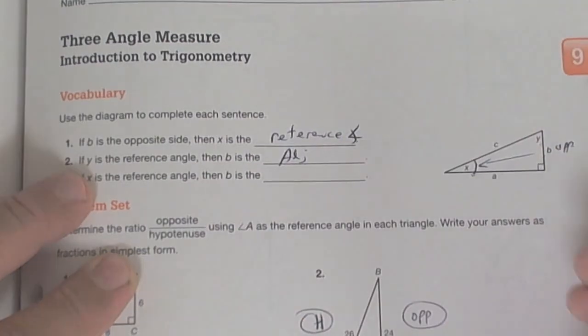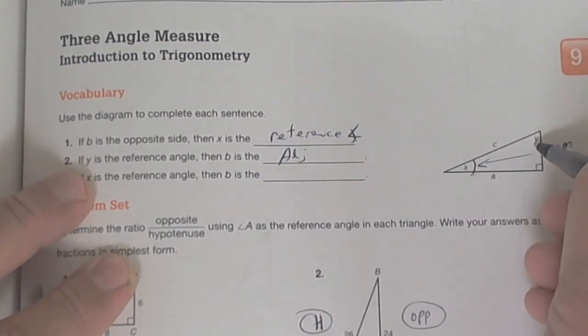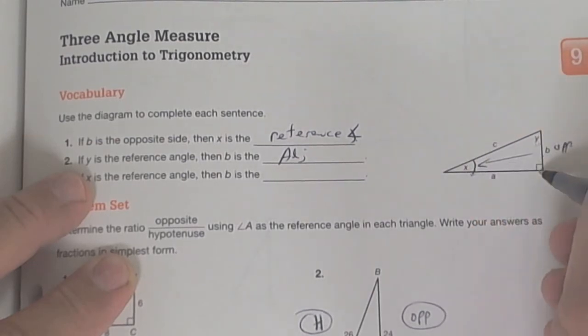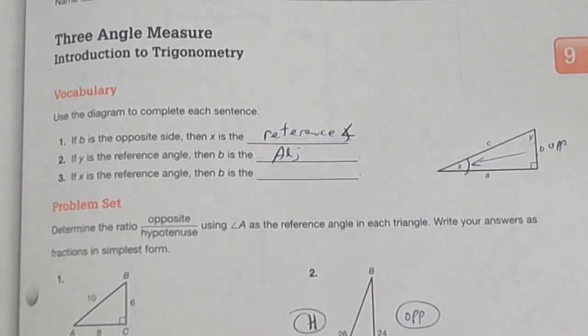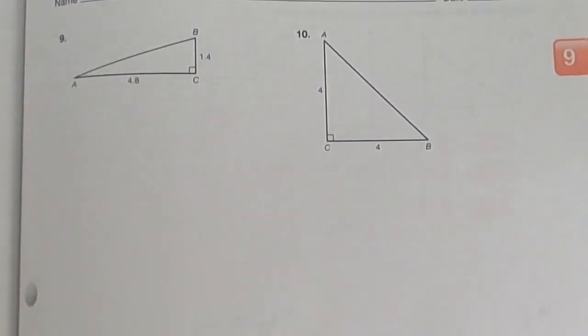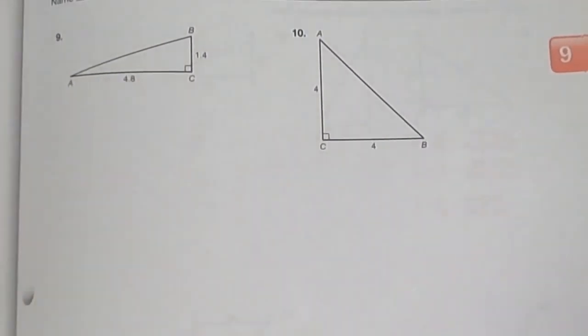Okay, watch that again. If you're standing at the Y, there are two of them that touch the Y. The C, which is the hypotenuse, and the other one has to be the adjacent. So B has to be the adjacent. Okay? All right, so today you're going to be doing these. So you have to label them.